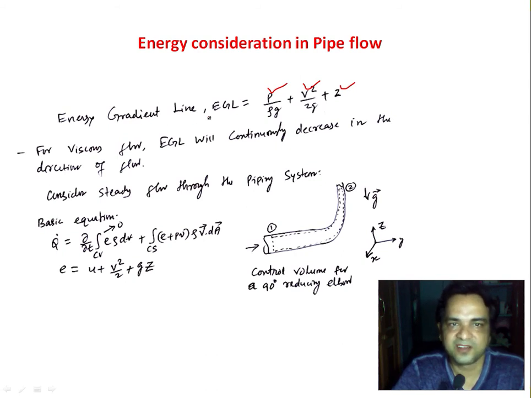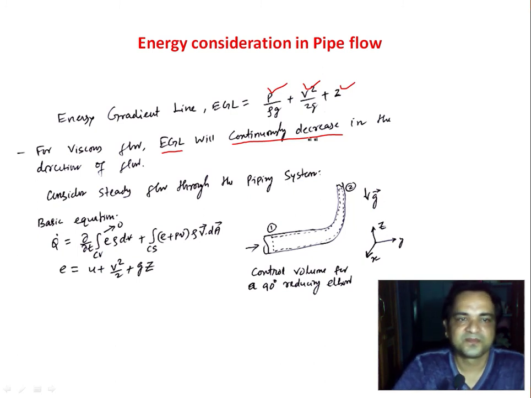But in Bernoulli's equation, we have assumed that the flow is inviscid, but here we are doing the analysis for a viscous flow. So that's why this EGL, energy gradient line, will continuously decrease because some energies will be dissipated. We call it the viscous dissipation in the direction of the flow.